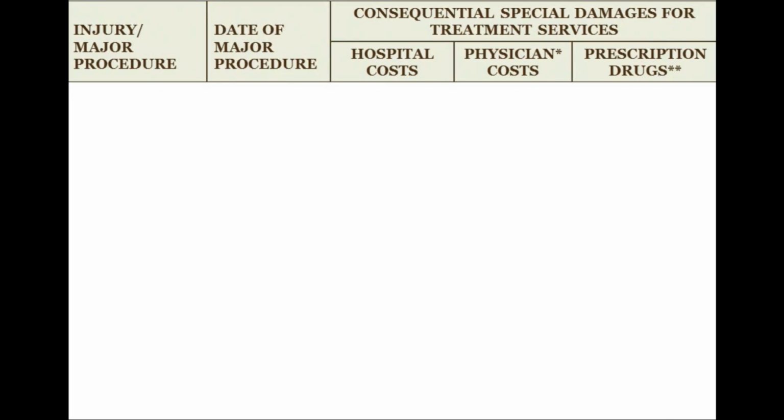See, we prepared this cumulative chart showing consequential special damages for treatment services. And here you see three columns that you saw in the prep slides: the hospital costs, physician's costs, prescription drugs. Of course, there's no method of calculation there because that's not evidence.